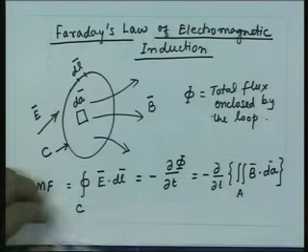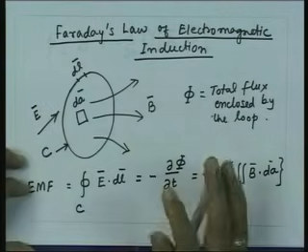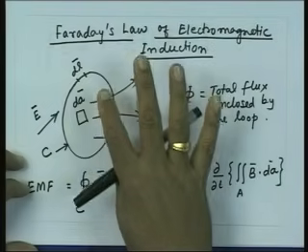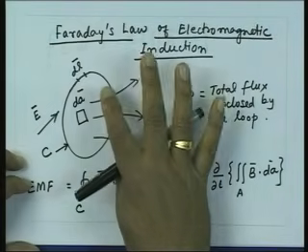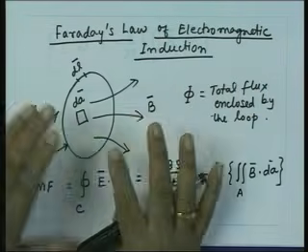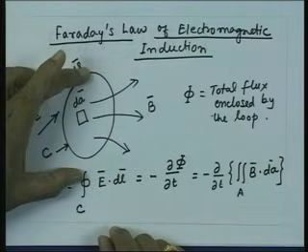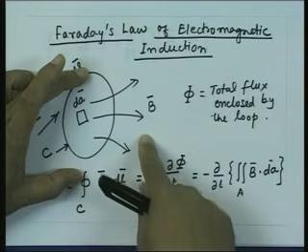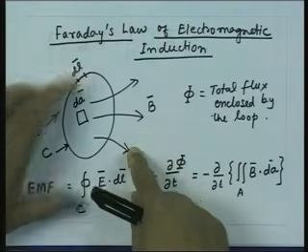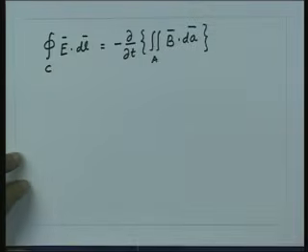In our further analysis, we are interested in the time varying fields, that means time varying magnetic fields, time varying electric fields. So, we assume here that the space is not changing, that means the size of the loop is not changing, the magnetic flux density is changing, and as a result we say that the area of the loop is not a function of time.